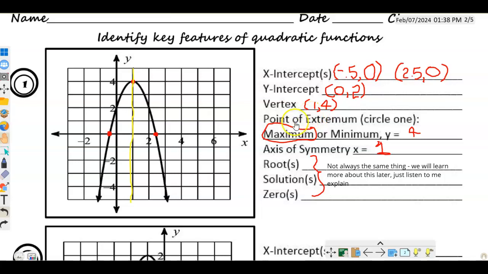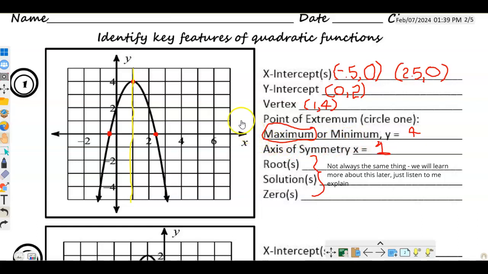Now, the point of extremum is your vertex. On a parabola, it is either the high point, a maximum, if it's a downward facing parabola like this one is, or it's a low point, a minimum, if it is an upward facing parabola.